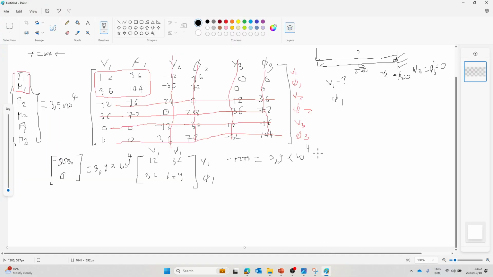So multiplied by here you will have 12 V1 plus 36 phi 1. Here you will have 0 to be equal to 3.9 as well here. That's what it means. 36 V1 plus 144 phi 1.